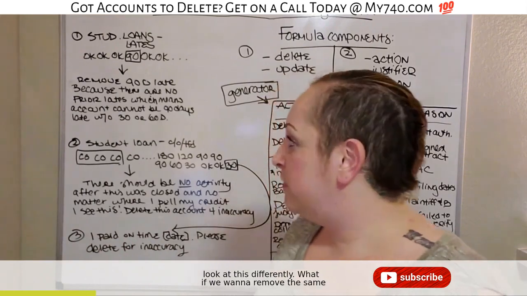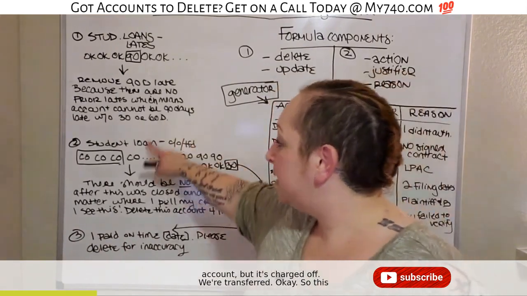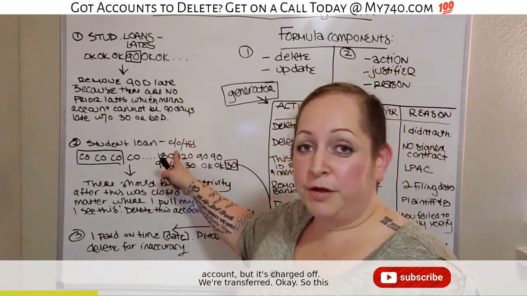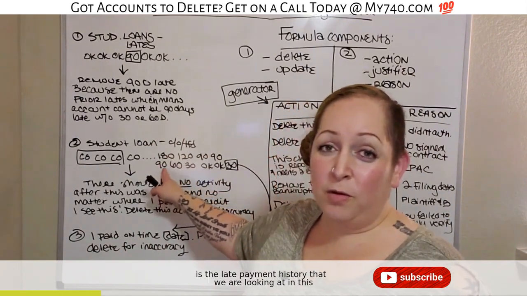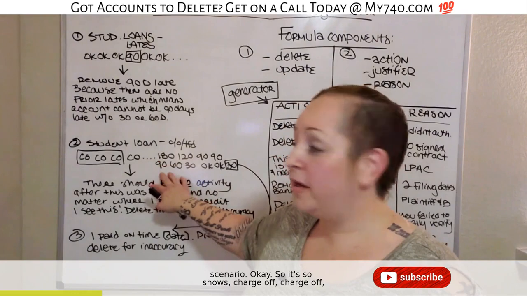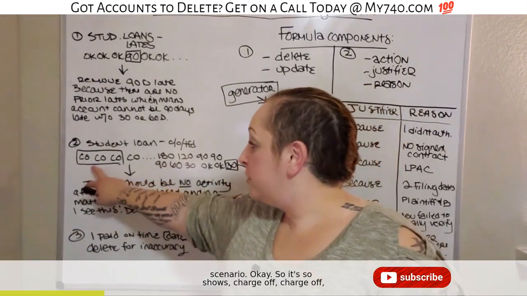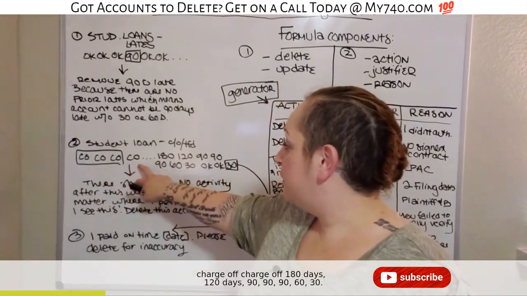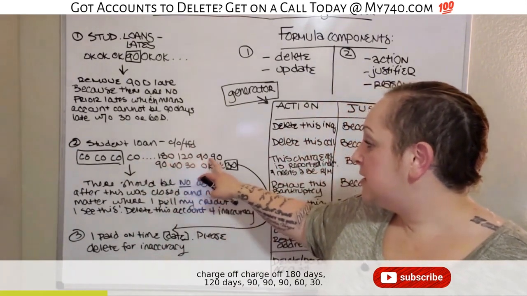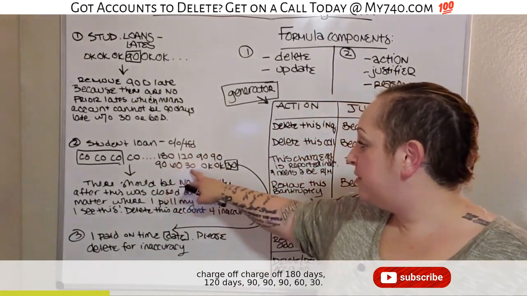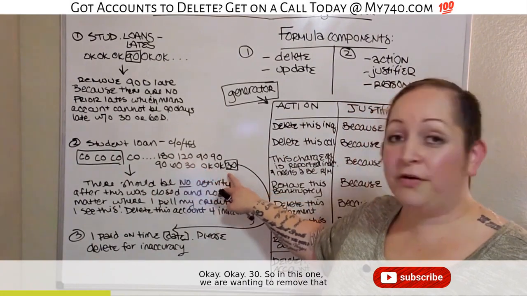What if we want to remove the same account, but it's charged off or transferred? Okay, so this is the late payment history that we are looking at in this scenario, okay? So it shows charge off, 180 days, 120 days, 90, 90, 90, 60, 30, okay, 30.